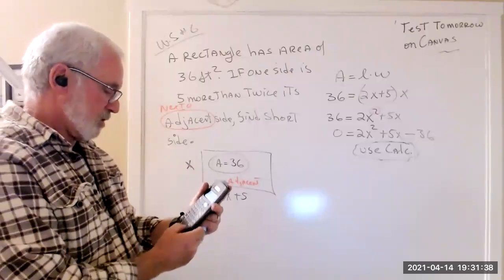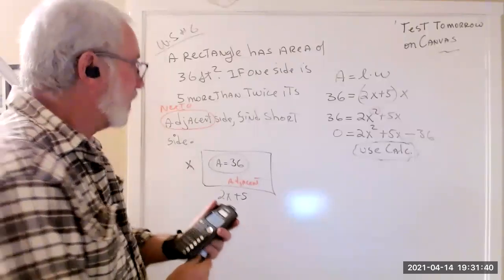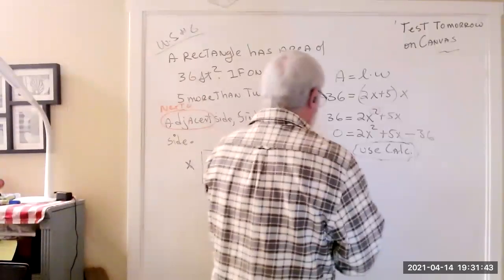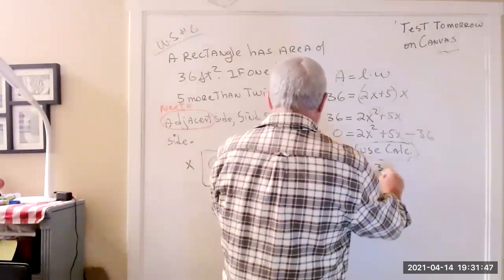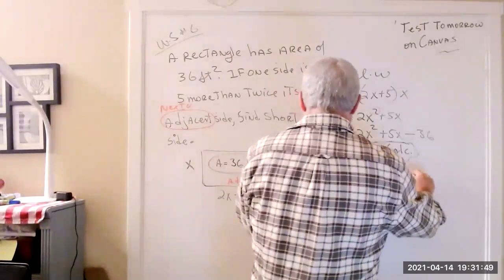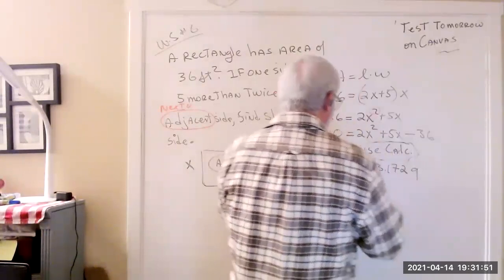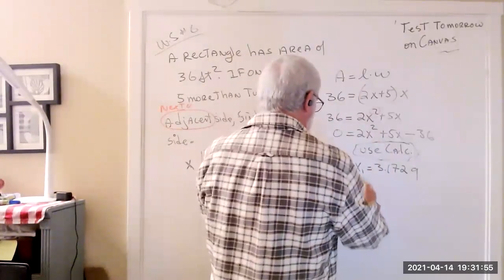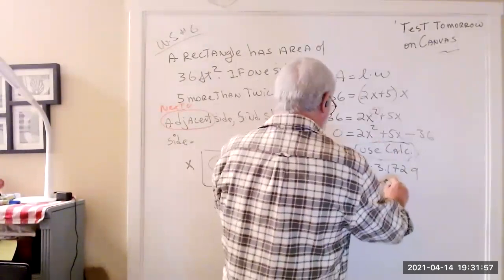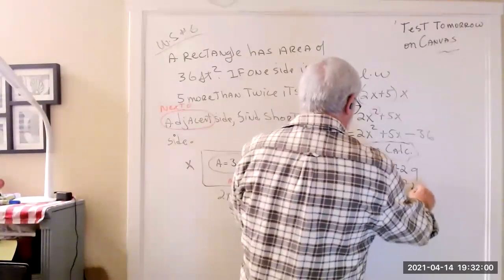Solve it. My calculator tells me that x sub 1 equals 3.1729. X sub 2 equals negative 5.6729.